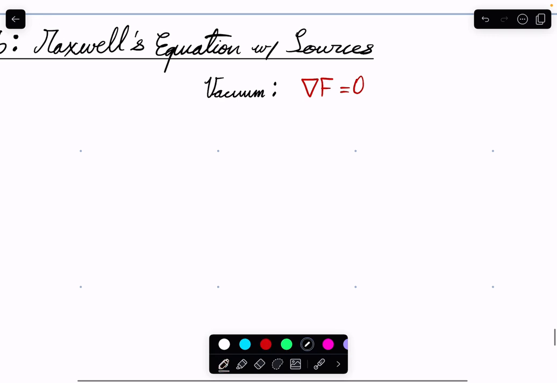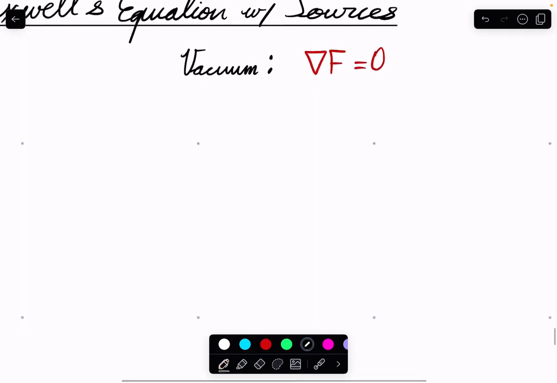And then when we have sources, we end up with the gradient of f equal to j.